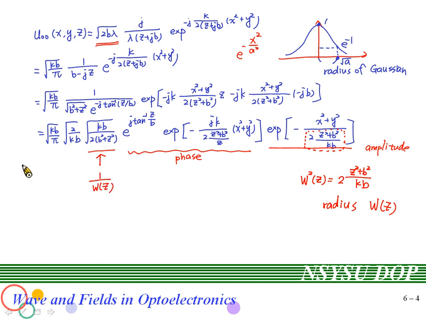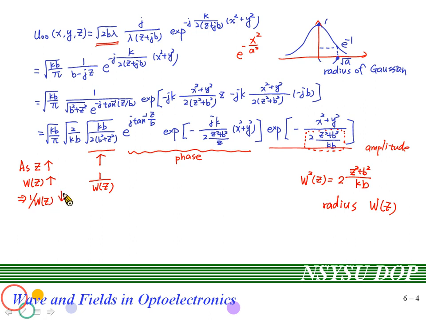What I'm saying is that as z increases, W of z will also increase. As a result, the inverse of capital W will be reduced.